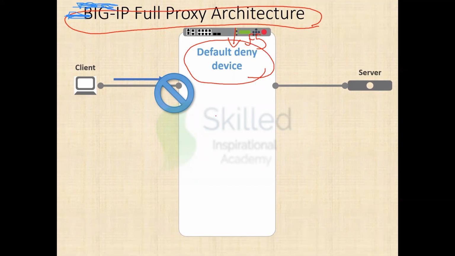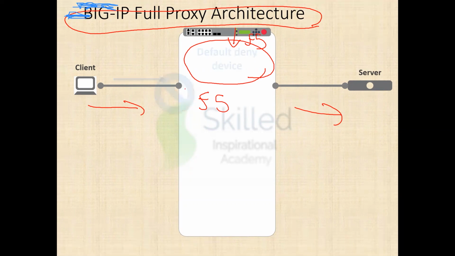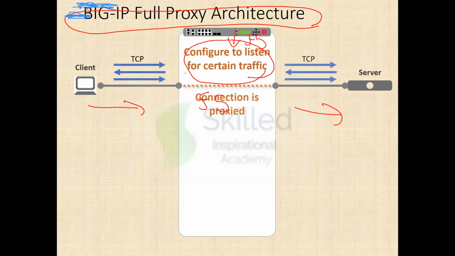So in this case, we have the client, we have F5 in the picture, and we have the server. As shown in the picture, client traffic will come to F5. We will have some virtual server which will listen to certain traffic. Once we have a virtual server, it will forward traffic to the server.